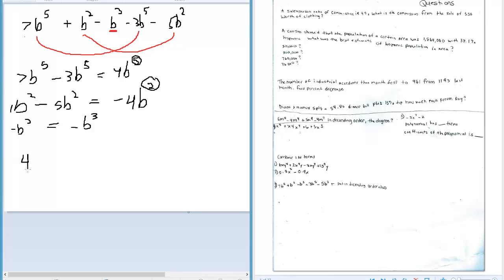So we'll put 4b to the degree of 5 minus b to the degree of 3, since 3 is between 2 and 5, minus 4b to the degree of 2. This will be your answer.